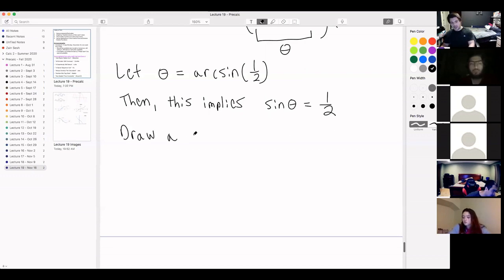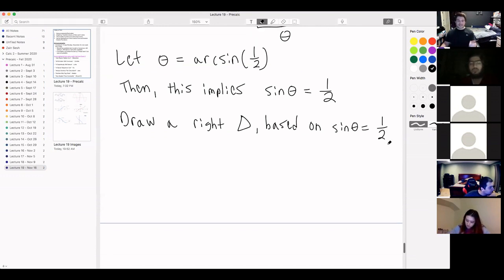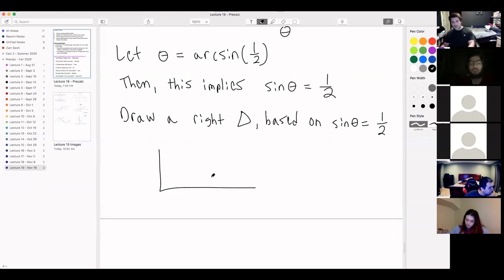So you draw a right triangle based on sine of theta is 1/2. That means that with respect to theta, the opposite side is 1, and the hypotenuse is 2. Right? Good.